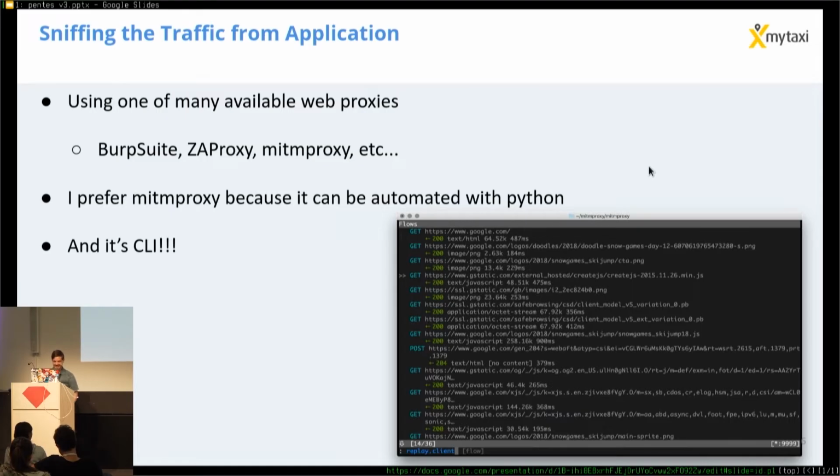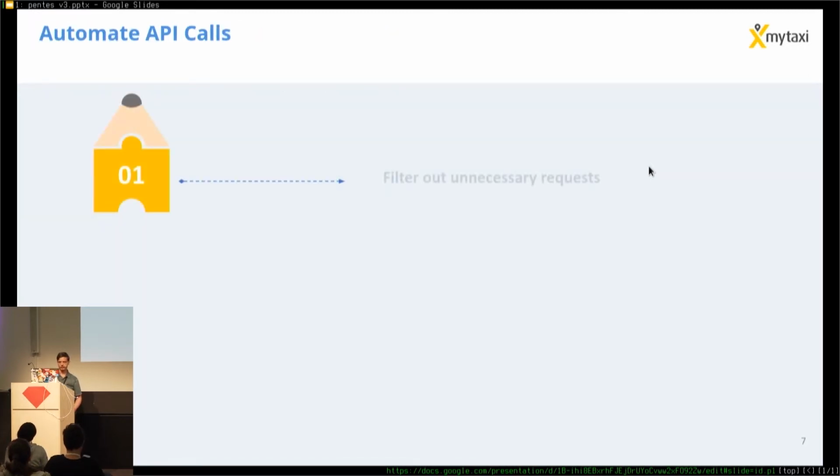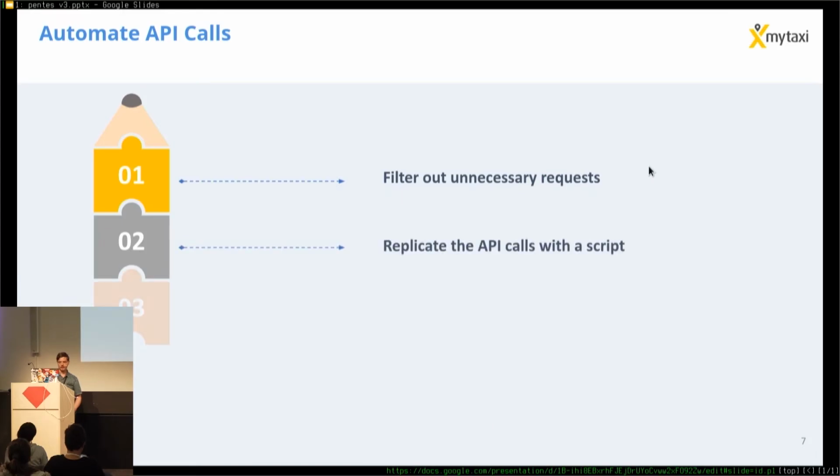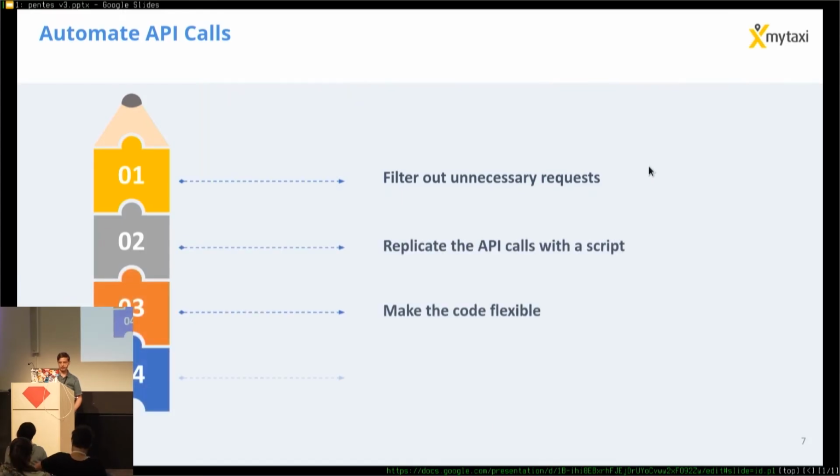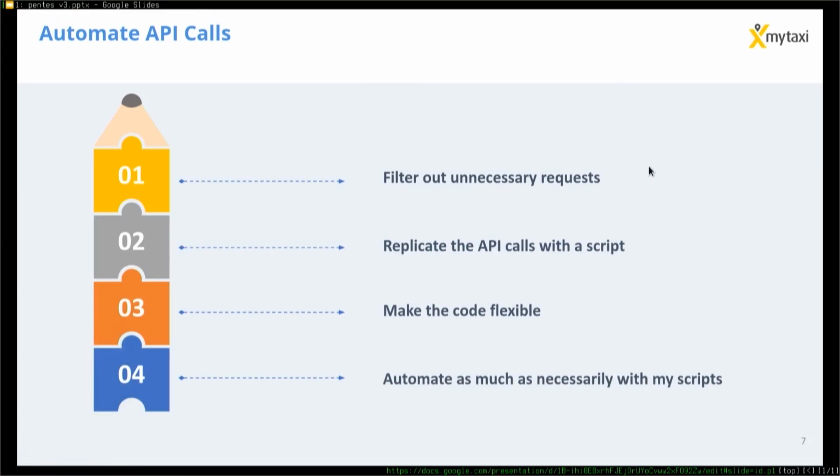It's also because it's a command line tool, and I don't really like using the mouse for such tasks. So after I sniff the connection, I filter out the unnecessary requests which play no role in my attacks.